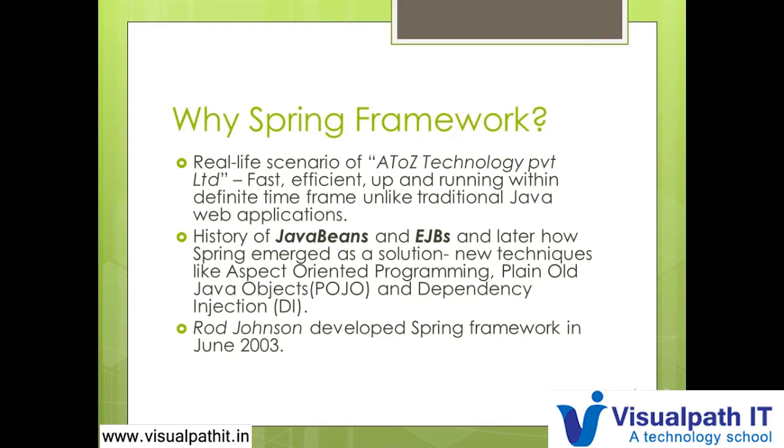So later on when they introduced the EJB, even though it had pretty much advantages, there was some difficulty found in the home and remote interfaces as well as the lifecycle callback methods implementation.